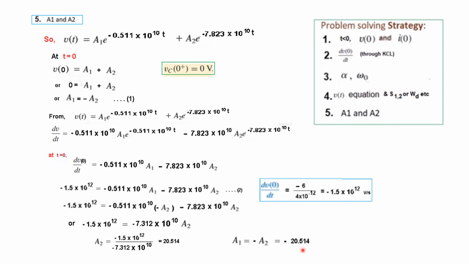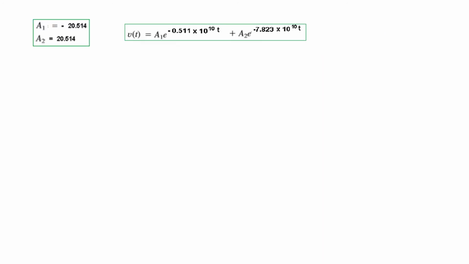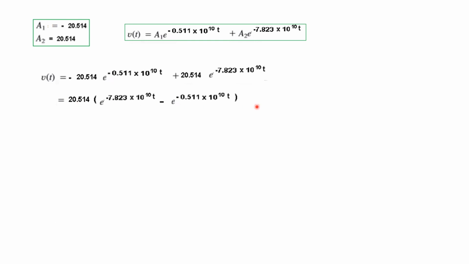So now we have got all the variables. Let's write the final equation. We have found the two values of A1 and A2. We'll plug in these values in the voltage equation. Plugging in and simplifying, we get this to be the final value of Vt.